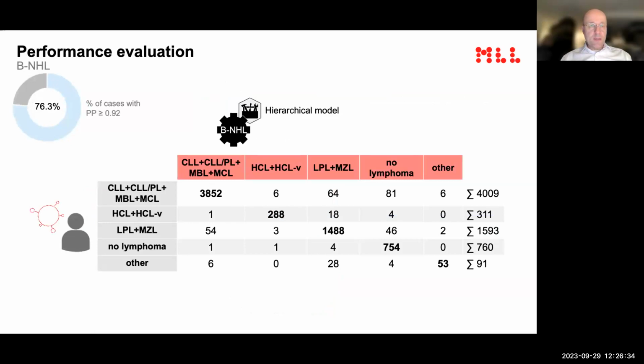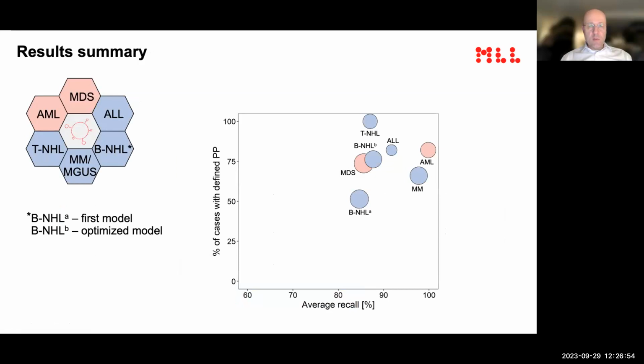We then focused on the performance of the B-cell lymphoma panel and grouped similar diseases together to increase the accuracy in this large data set, which was still below 90%. And this is a focus which we are working on.